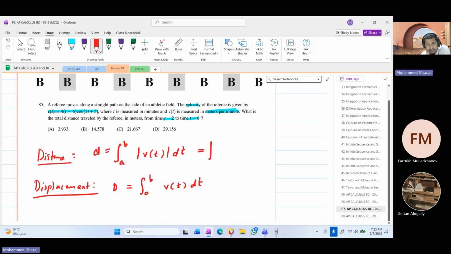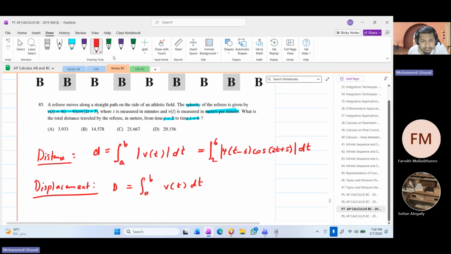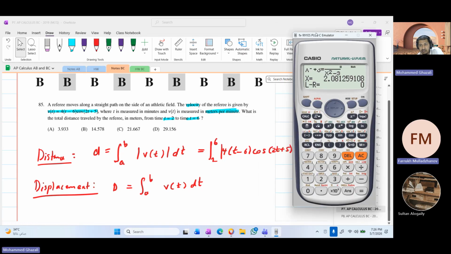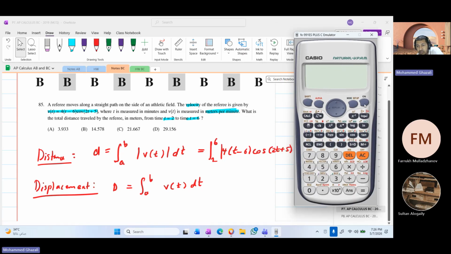So you're going to put this in your calculator now. Integral from 2 to 6 of the absolute value of 4t minus 6, times cos of 2t plus 5, dt. Make sure you put the absolute values in the calculator. If you don't put an absolute value, you'll get the wrong answer. I'm going to show you now.